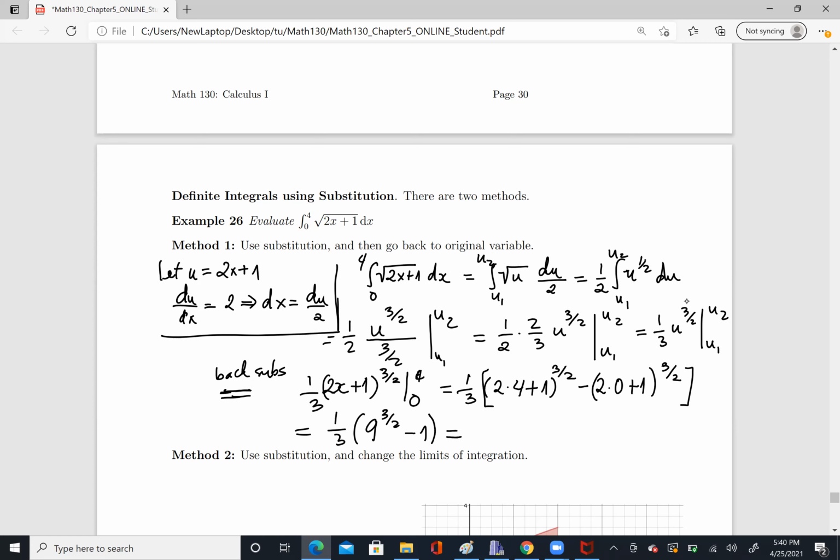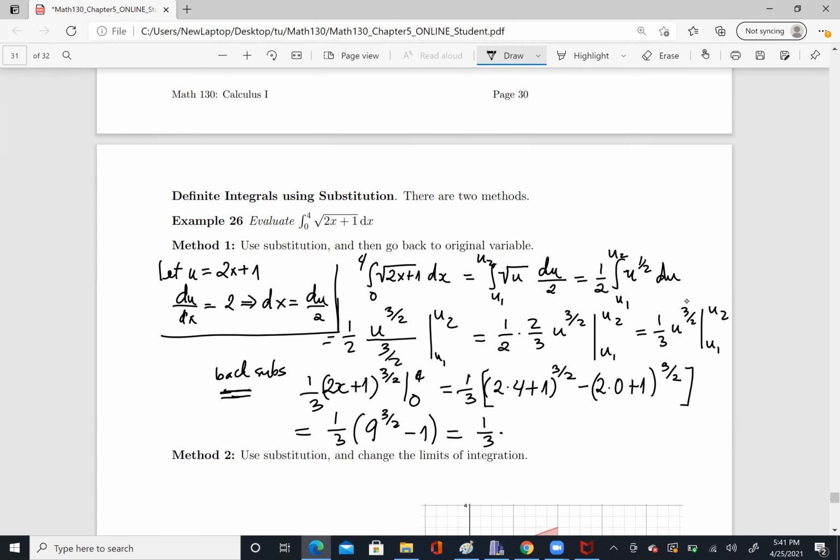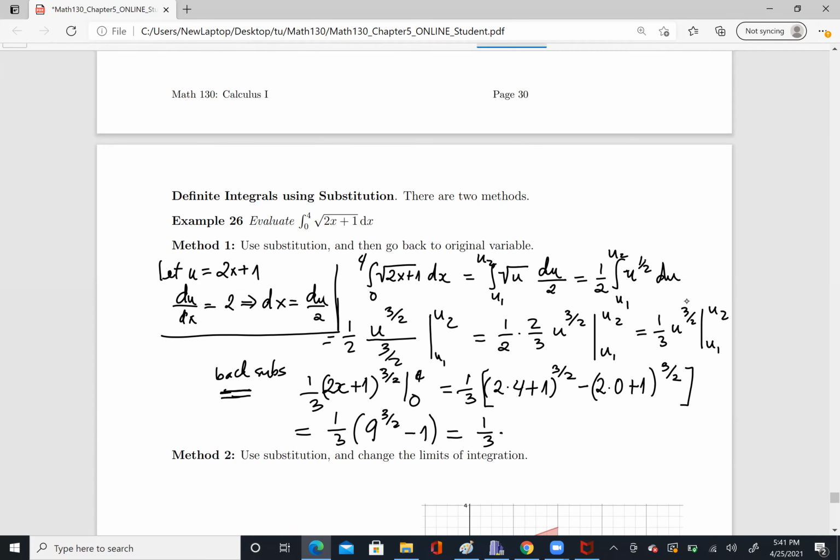So this becomes 1/3 multiplied by, 9 to the power 3/2 will be equal to 27, so 27 minus 1.